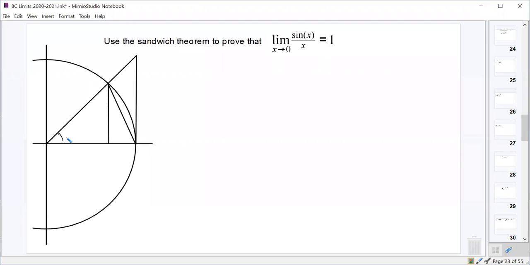Pretty sure we drew an angle in here and called that angle x, because we have sine of x. And we said that this was a unit circle. And if this is a unit circle, then that's 1, as is this.